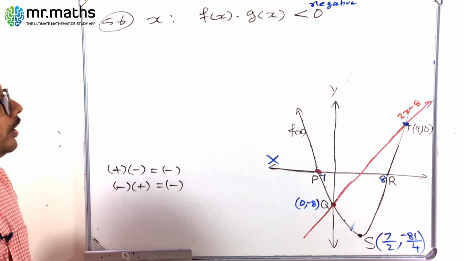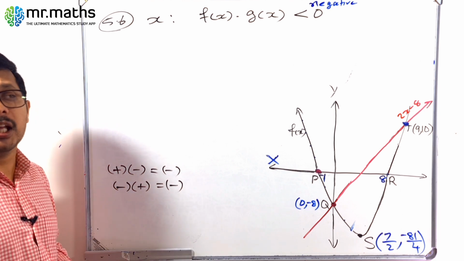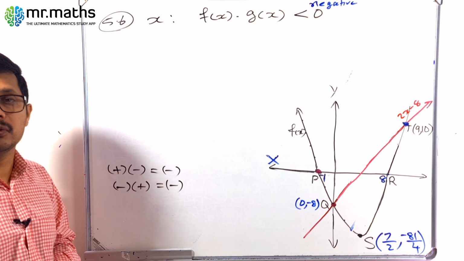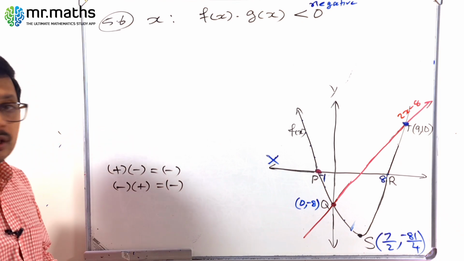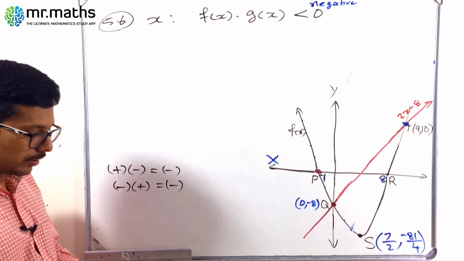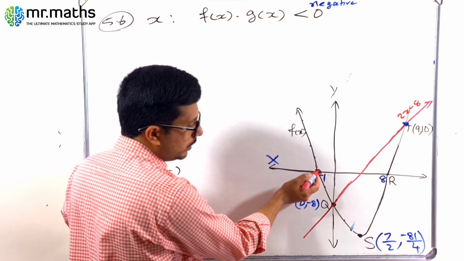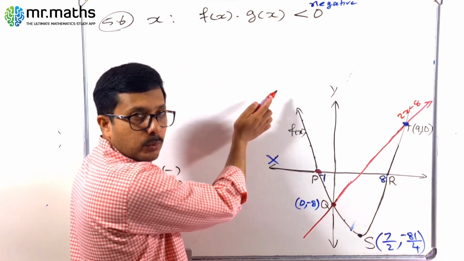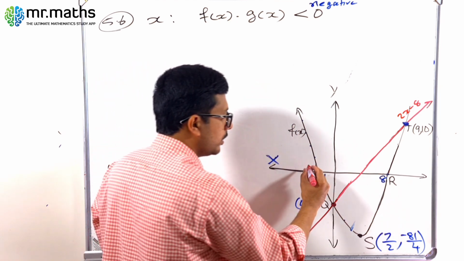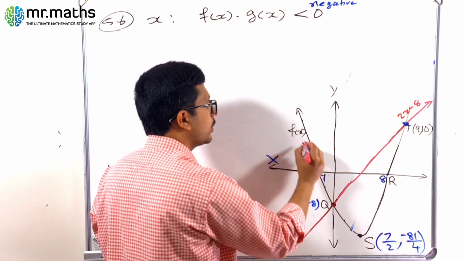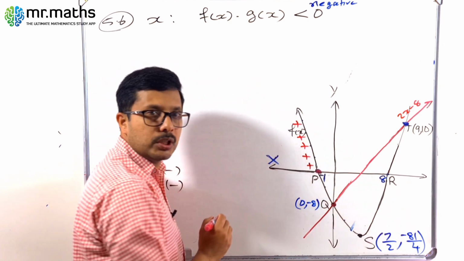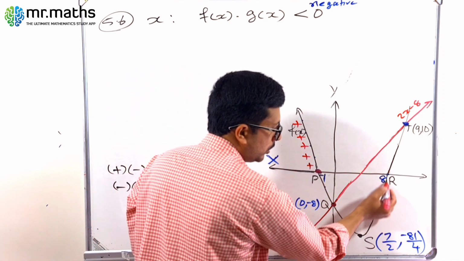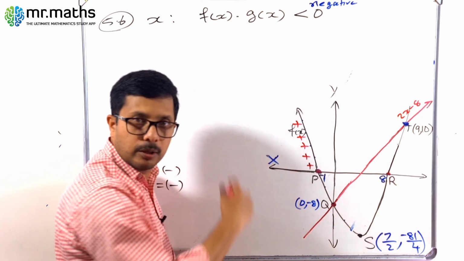So when can we say that a graph is positive and a graph is negative? A graph is positive when it is above the x-axis. So here you can see this is the x-axis. Here the graph is positive because it is above the x-axis. f of x is positive, and from this point to this point you can see that it is below the x-axis.